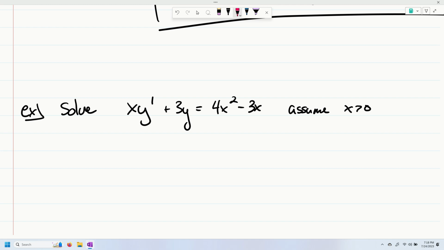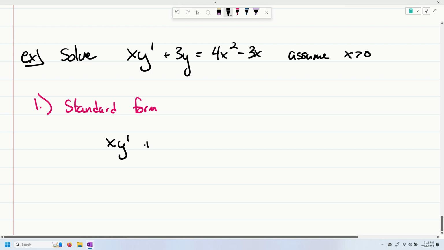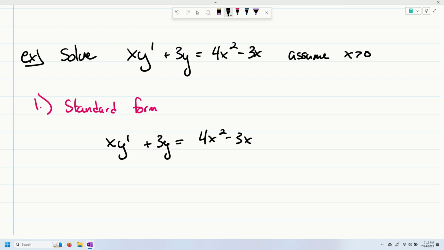All right. Step 1. Standard form. So let me just rewrite this. And then we're going to divide everything by x.